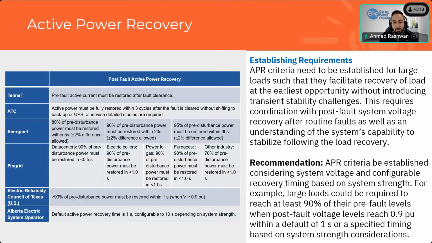Similarly, FinGrid expects that specifically for different types of facilities, different recovery characteristics. If we zoom in on data centers, after the pre-disturbance voltage level reaches 90%, 90% of the pre-disturbance load must be restored to 0.5. Jumping ahead to ERCOT, once the pre-disturbance voltage reaches 90%, their expectation is 90% of the load is restored within 1 second.